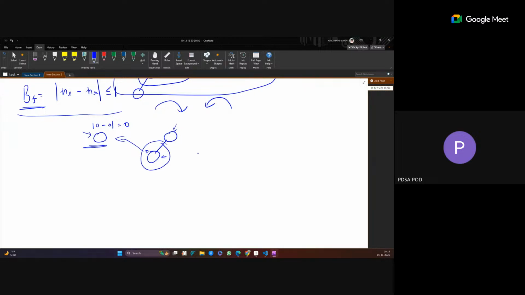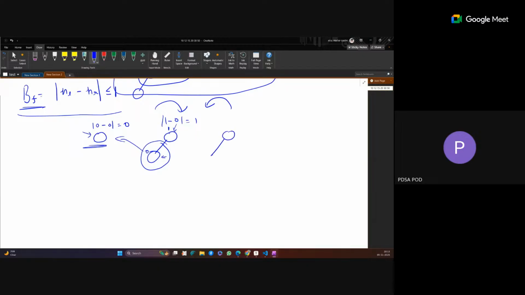The left subtree has a single node, so its height is considered 1, and the right subtree is empty, so its height is 0. So the difference is 1 minus 0, which is 1. So the balance factor is calculated like this: 0 for the leaf node, and 1 for the node above. So this is still a balanced condition.